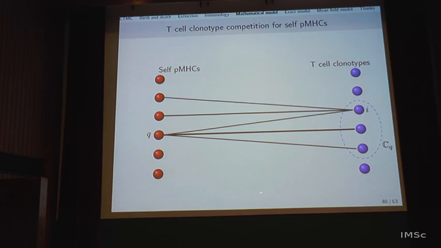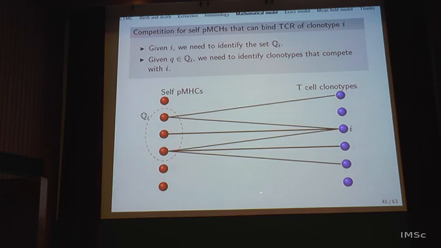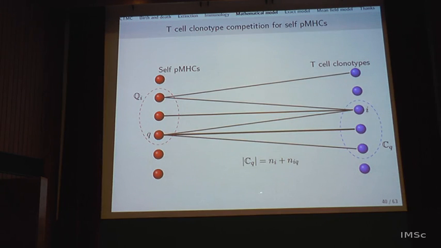But of course, the picture is always more complex than it is. So let's suppose that that is what my immunologists tell me. From the perspective of I, I can see 3 different peptides. The first one is also shared with another clonotype. The second one isn't shared with anybody, and the third one is shared with 2 other clonotypes.